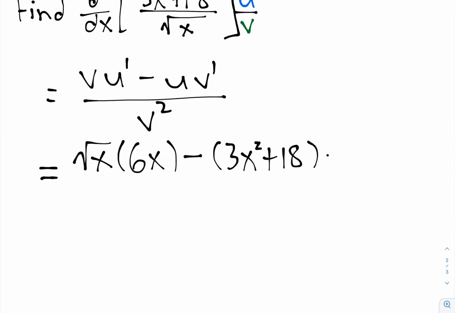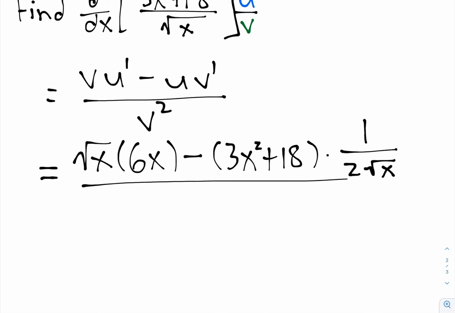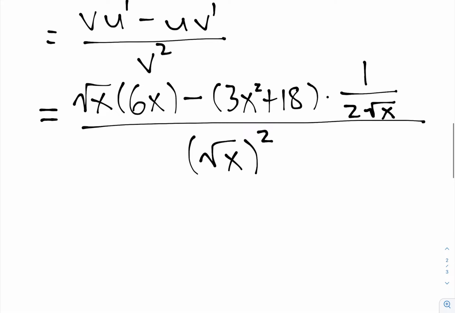So we're going to go times 1 over 2 root x, divided by, well, our v was the square root of x, and remember, we're squaring our v on the bottom.